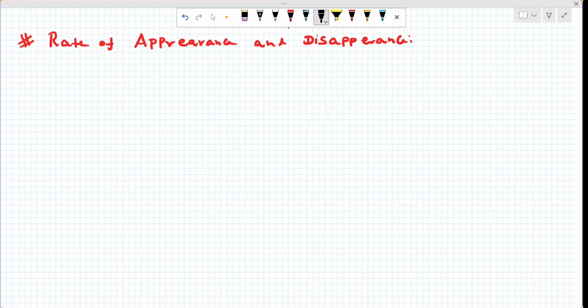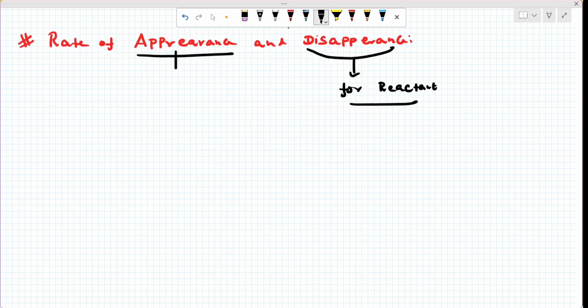For disappearance, for what? Reactant or product, students? This is for reactant. Disappearance, for reactant. Good, reactant. For appearance, this is for product. Only product. Yes, good, product.